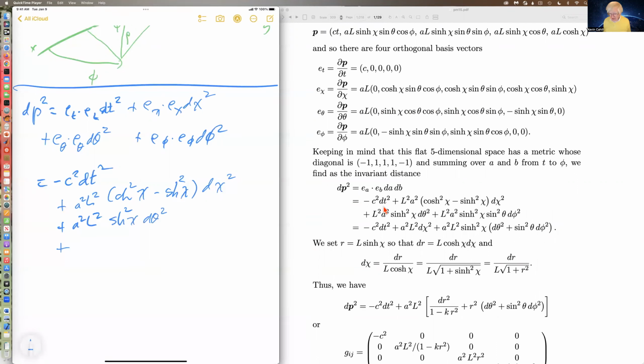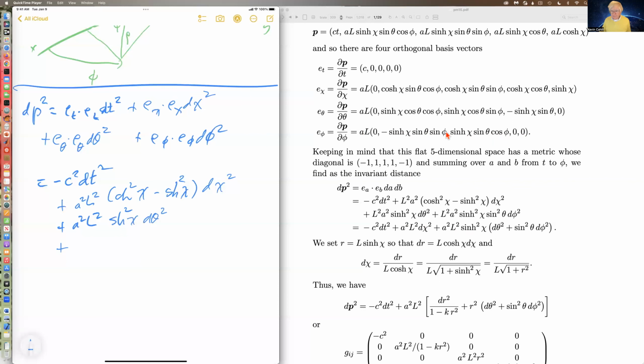squared. And then the last term is this one, e_phi dot e_phi. Again, we don't need to worry about the metric. We get sine squared plus cosine squared is 1. We get sine squared and sinh squared.